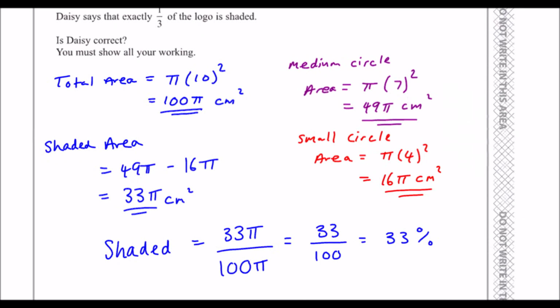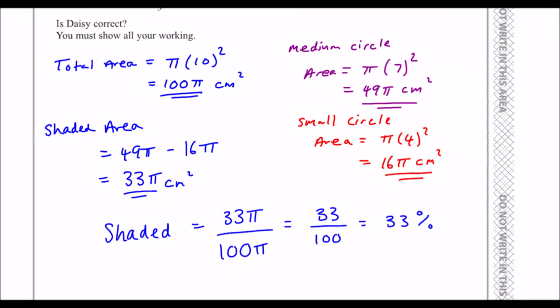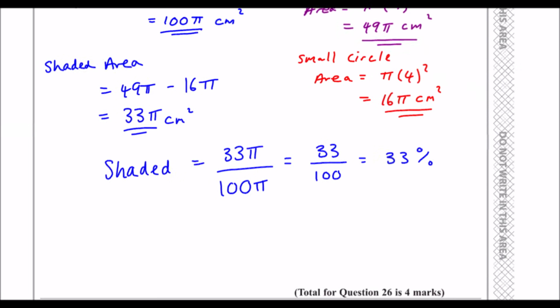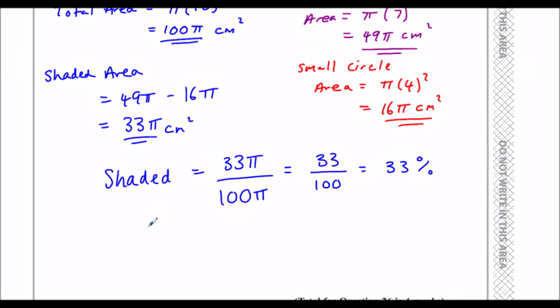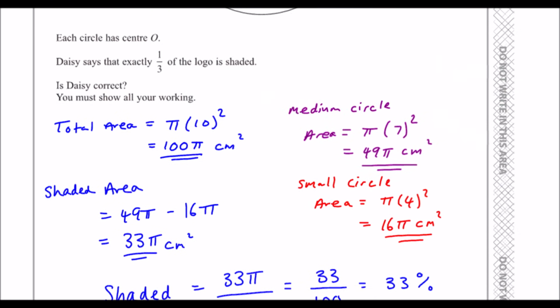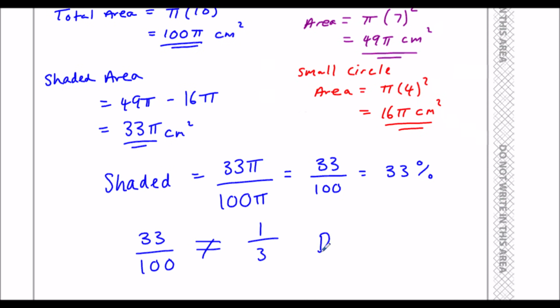Well, no, it's not. 1/3 is 33.3 recurring percent, so this doesn't simplify to 1/3. 33 100ths does not equal 1/3. So Daisy is wrong.